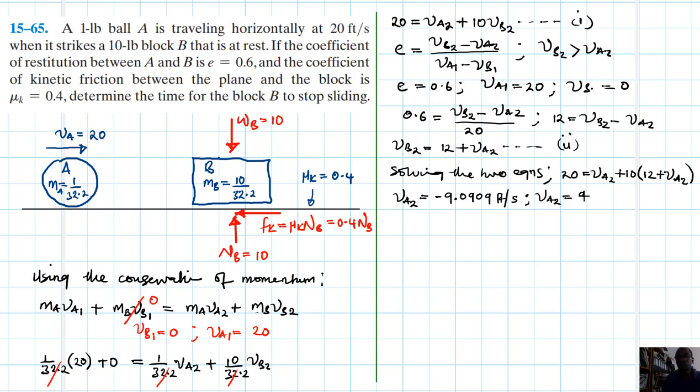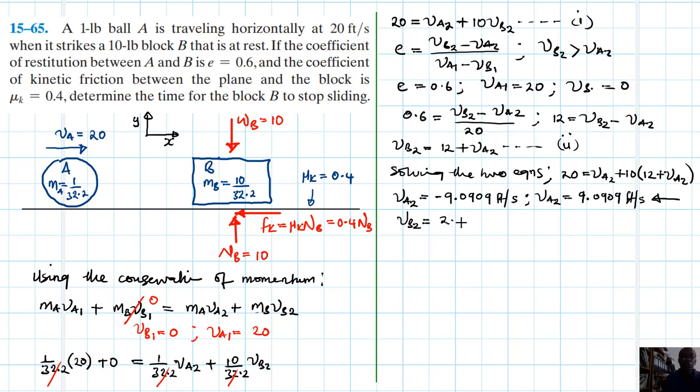So VA2 is equal to 9.0909, going in this direction, because this is our reference. Into VB2, we have minus 9.0909 using equation 2, plus 12.